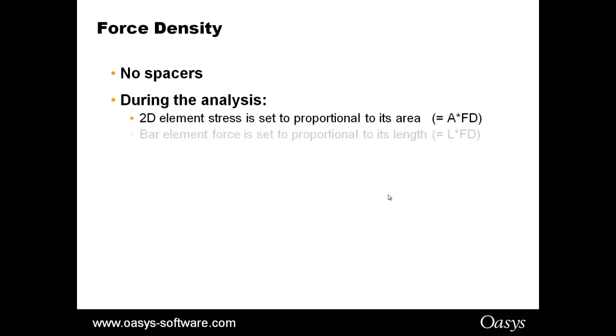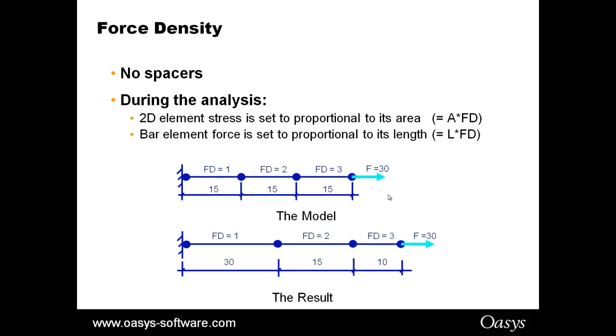Now, force density has no spacers, so in that respect it's much simpler. But during the form finding analysis, the stresses are set in proportion to the element dimensions. Specification forces. So this is length times force density, or area times force density.